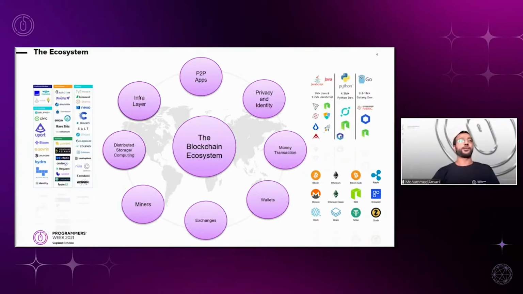You have possibilities of technologies like the interplanetary file system or peer-to-peer telecom networks coming into the picture. This is a huge ecosystem. Every month or two, there is some new technology or concept coming out to the market that inherits the basic features from the decentralized nature of blockchain.